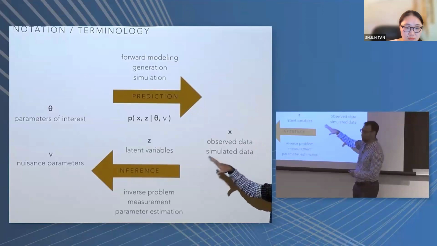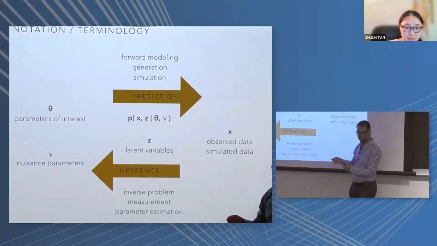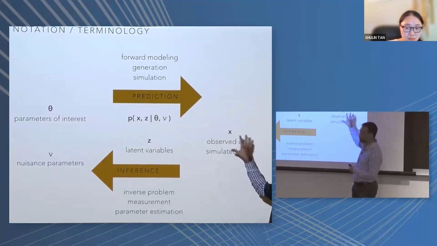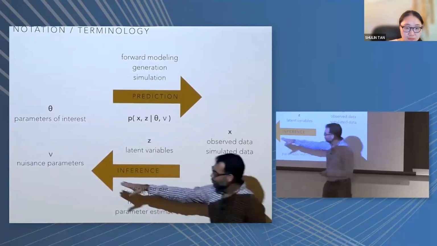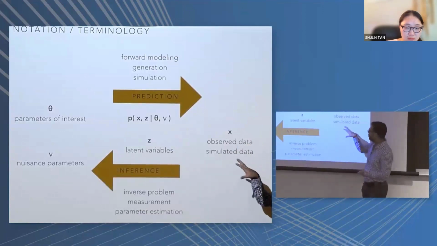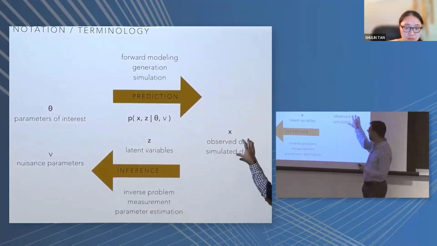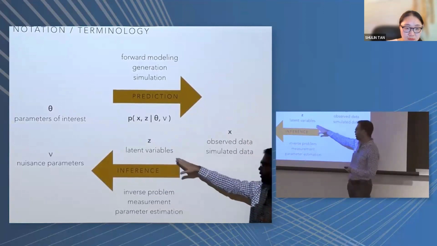Now, if I'm actually doing real experiments, there might be things like calibration constants that aren't properly known, or all sorts of other things that I don't really care about inferring, but they will change the distribution of the data. Those are the nuisance parameters, which I call nu. Inside of my simulator, there are lots of things going on that I might not have access to in my actual observation. I'm going to call those latent variables.